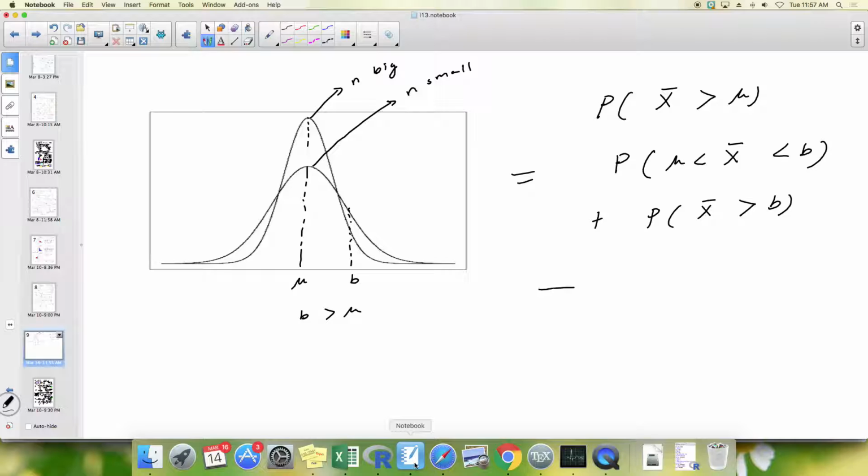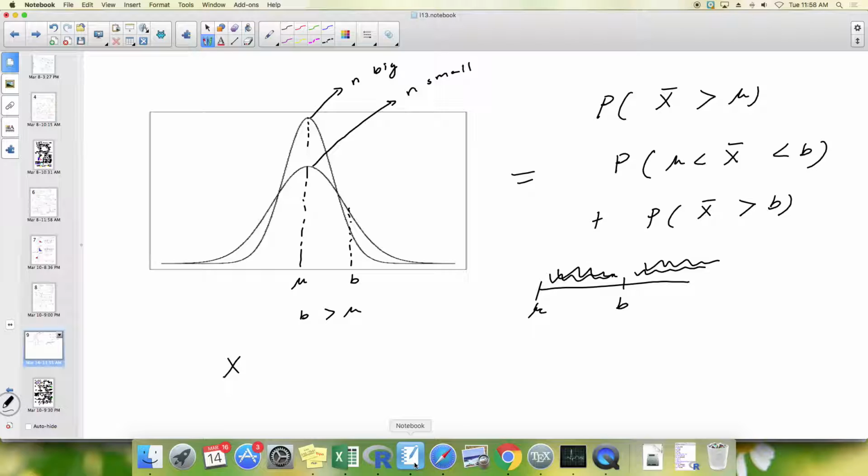So what I've done is, this is mu and everything right of mu, I've divided in two portions, this portion and this portion. So probability x bar lying between mu and b, that's this portion, and probability x bar bigger than b is this portion. I've divided it into two parts.